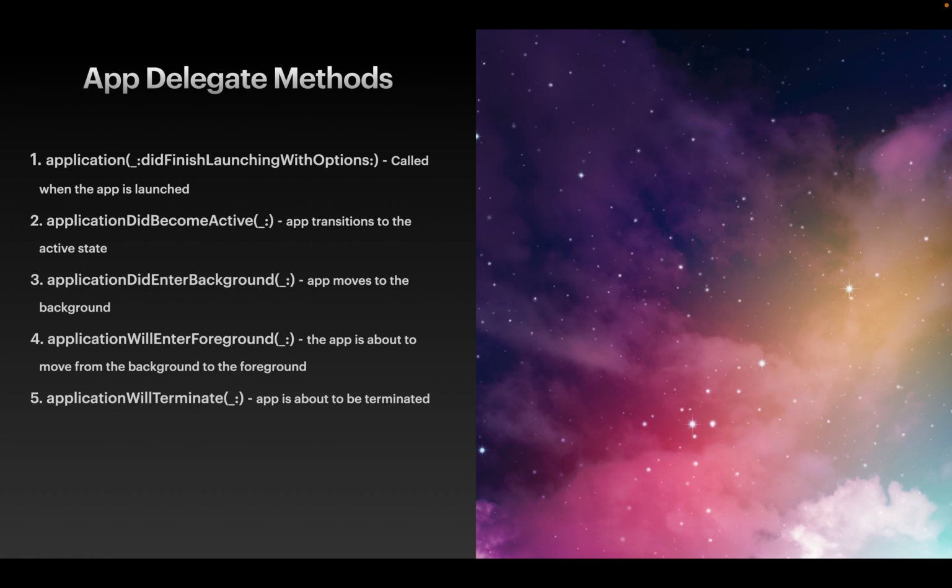So as I said, before iOS 13 we are having only these delegate methods. We don't have scene delegate methods. Scene delegate means that in one application itself we'll be having different scenes. That is, if you open the YouTube application, while we are playing something, we can minimize that and scroll the other things.